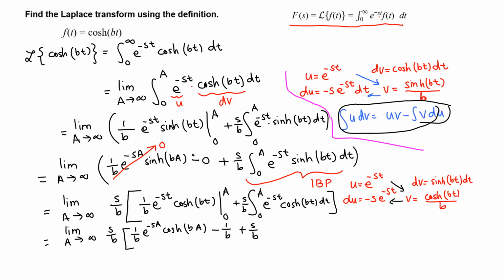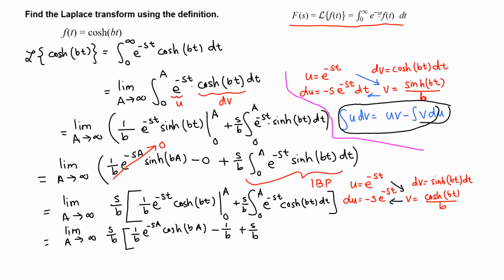Now this integral is the same as the top, 0 to a e raised to negative st cosh bt. With this limit, it is exactly the Laplace transform of the original function. With this limit combined, this part is in fact just the definition.